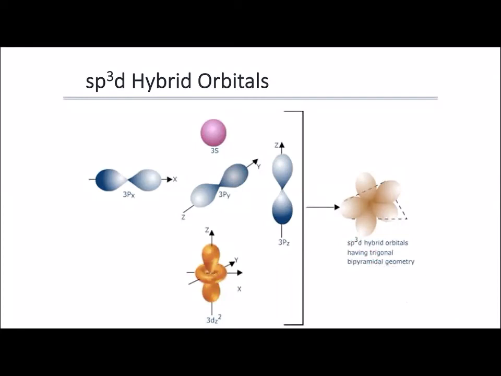And so you can see if I took 1, 2, 3, 4, 5 different orbitals, now I have 1, 2, 3, 4, 5 different lobes. There's our shape. There's our hybrid orbitals.